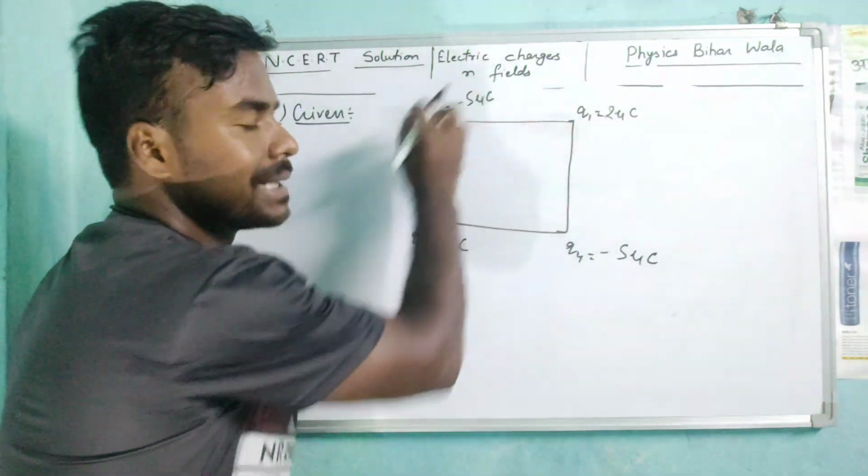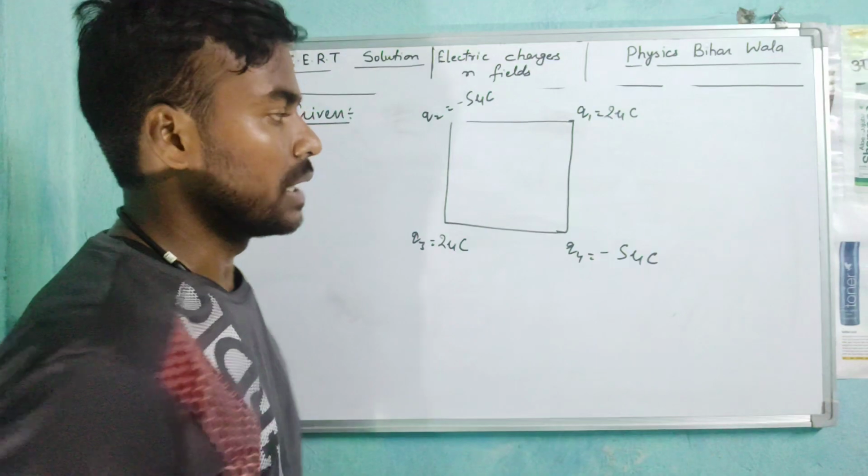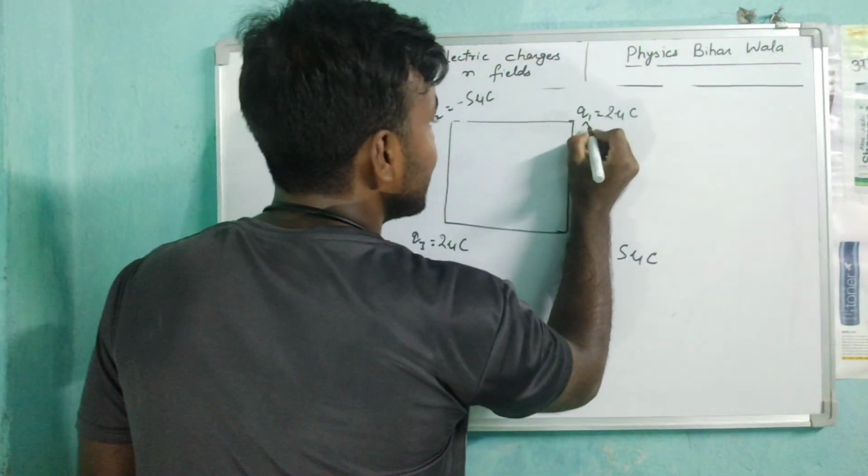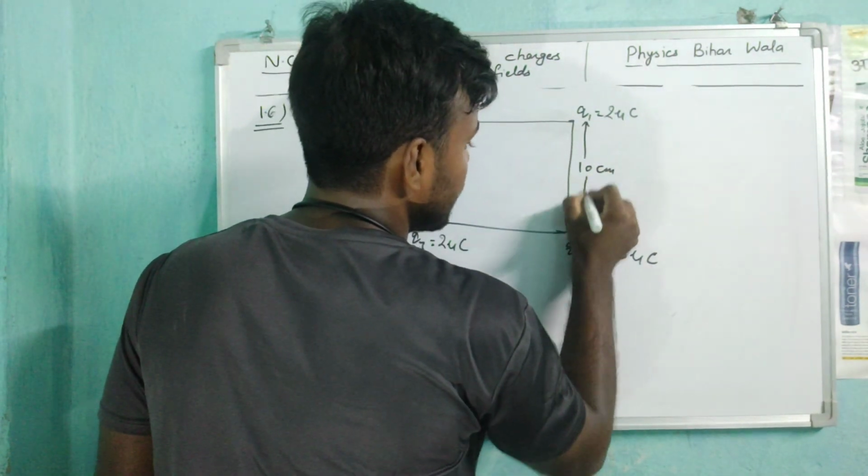These 4 charged particles are placed at the vertices of a square, and this square has a side of 10 centimeter.